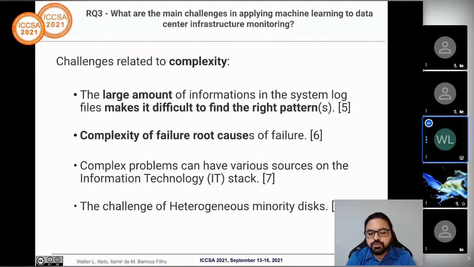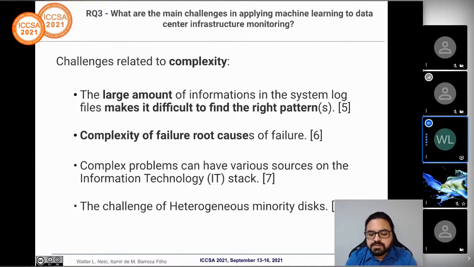The first challenge was that the large amount of information in syslog data makes it difficult to find the right pattern. Also, finding the failure or its root causes is a big challenge in the context of failure detection.